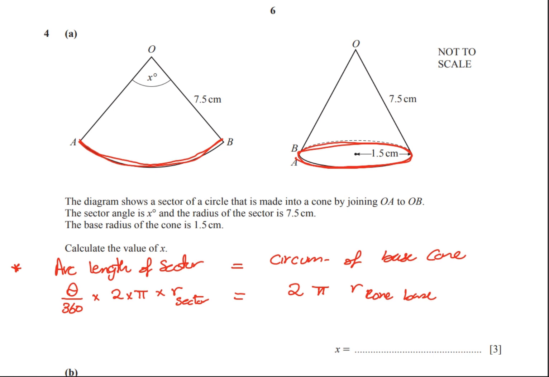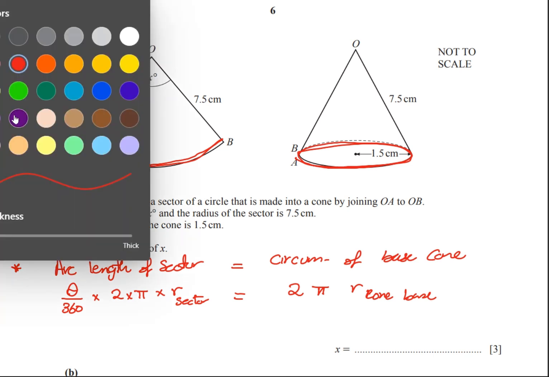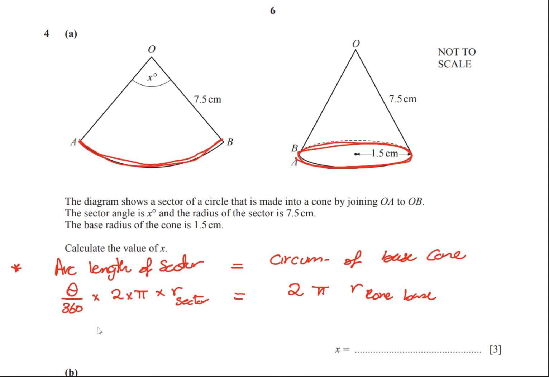So let's go and substitute directly here. So theta, which is x over 360, multiplied by 2 multiplied by pi multiplied by the radius of the sector, which is 7.5, equals 2 multiplied by pi multiplied by the radius of the cone base, which is 1.5.